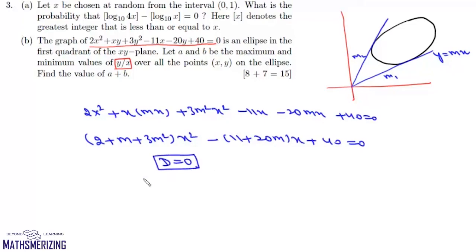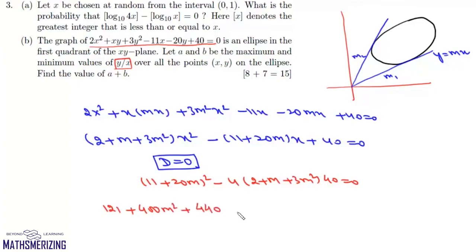Now if we put D equals 0, we'll get (11 plus 20m) whole square minus 4 times (2 plus m plus 3m square) into 40 equal to 0, which is 121 plus 400m square plus 440m minus 320 minus 160m minus 480m square equals 0.